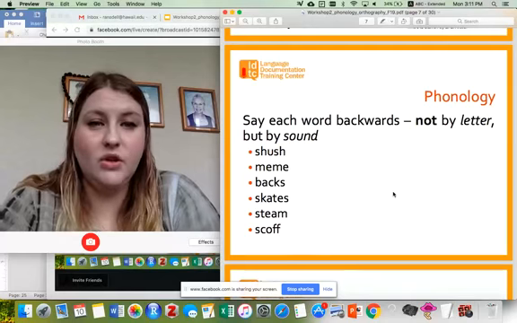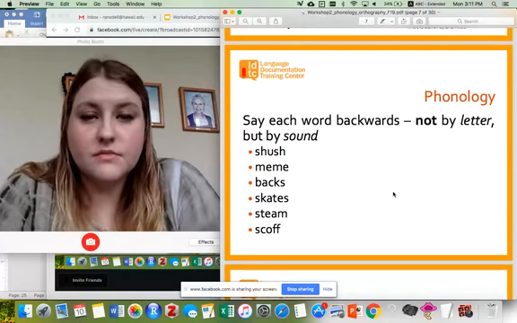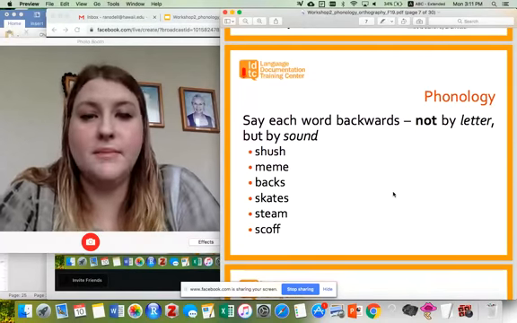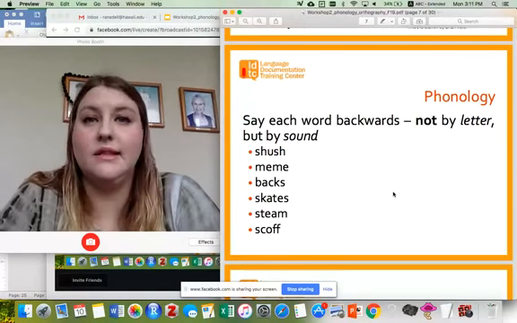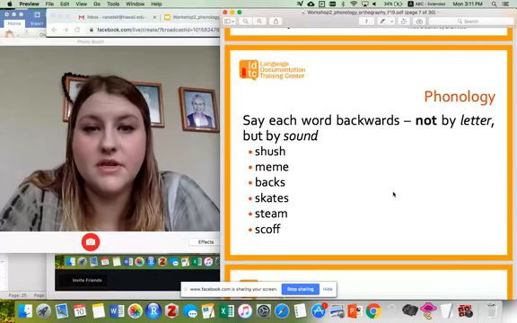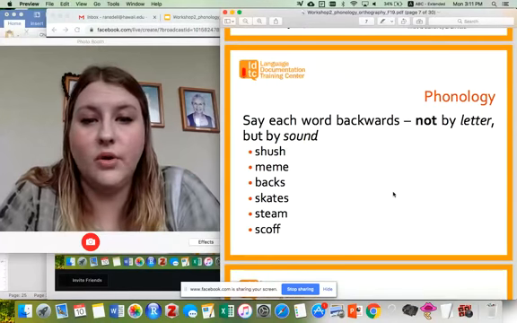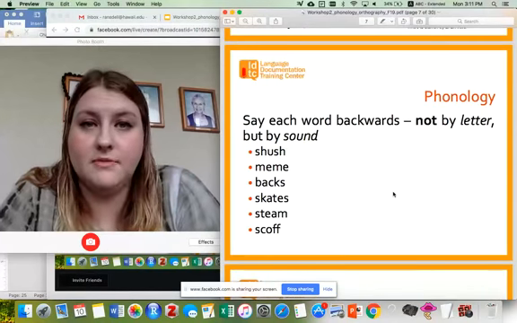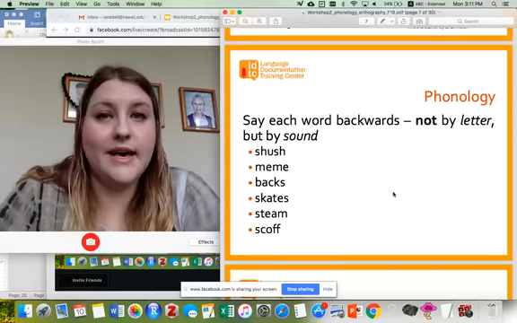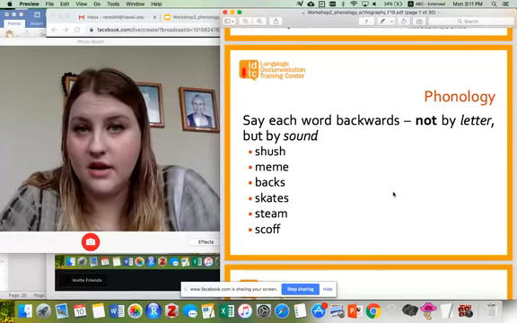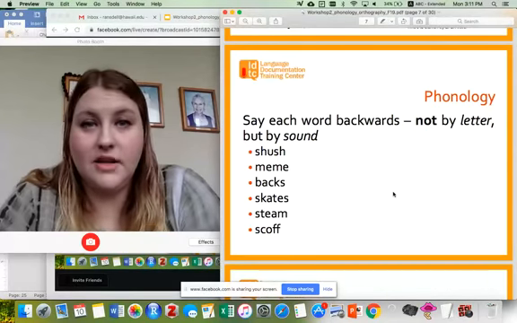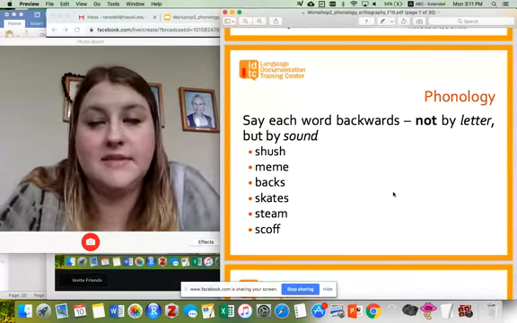But if you look at the following words, you will notice that some of them sound the same forwards and backwards, but they don't necessarily look the same forwards and backwards. So if you take the word shush and wrote it backwards, you wouldn't start with an S anymore, it would start with an H. But if you said it backwards, just considering the sounds, sh, and sh again, it really comes out to be the same thing, shush. Same.